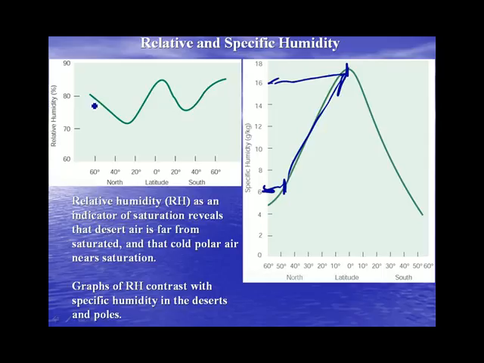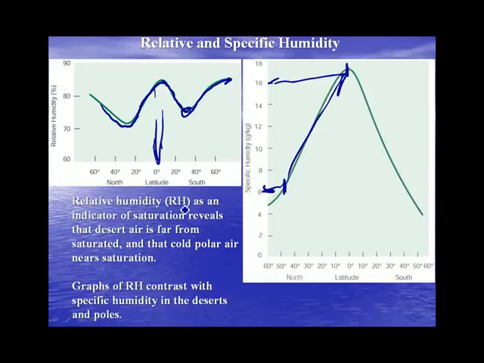However, if we look at relative humidity, we see that it begins to decrease as we go from the poles to 30 degrees, and then begins to increase as we head toward the equator again. And then as we go into the southern hemisphere and go from the equator to about 30, again the relative humidity decreases, and as we head toward the poles, relative humidity begins to increase.